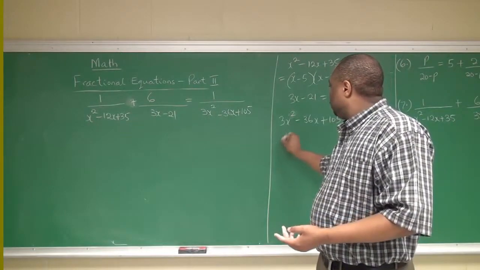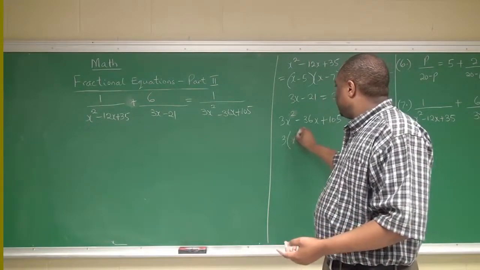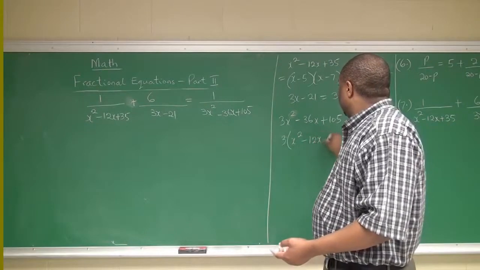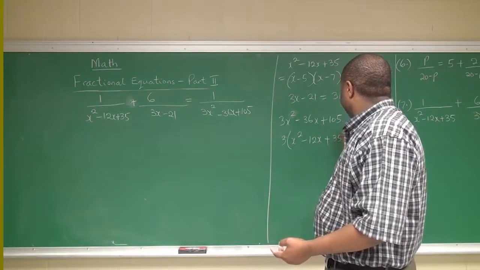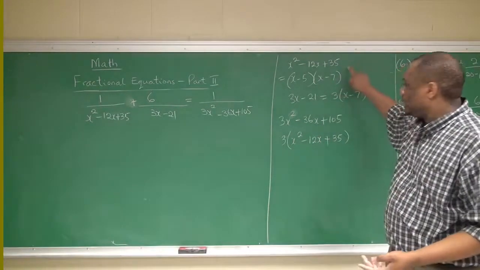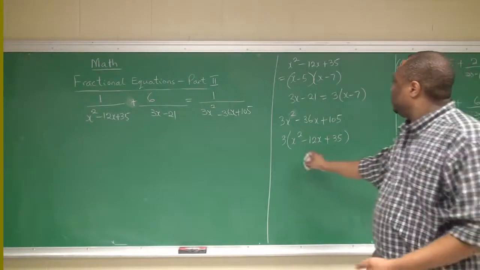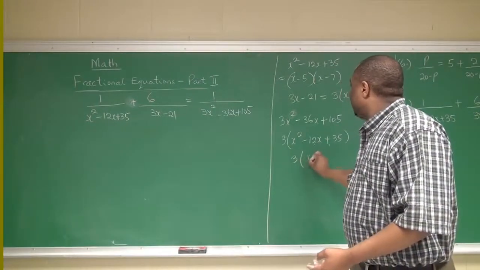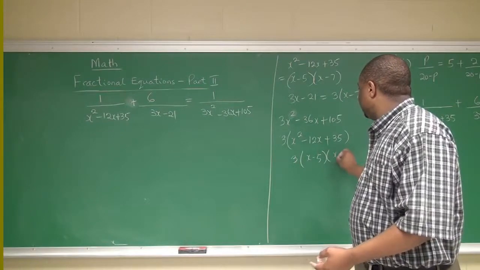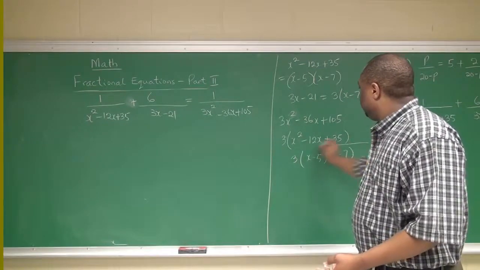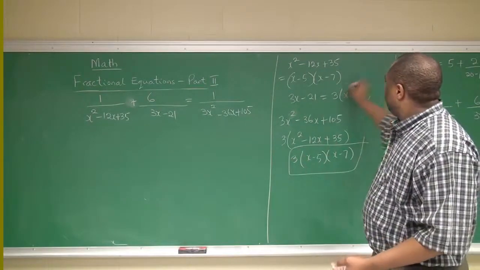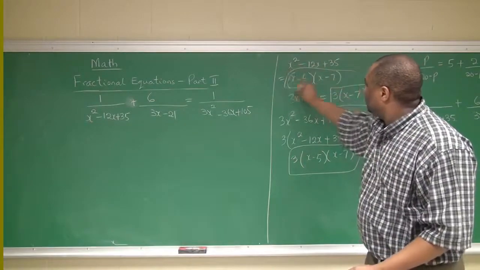So 3 is common, and we have x squared minus 12x plus 35. That points us back to this. So this will now be 3 times x minus 5 times x minus 7. So we have this, we have this, and we have this.